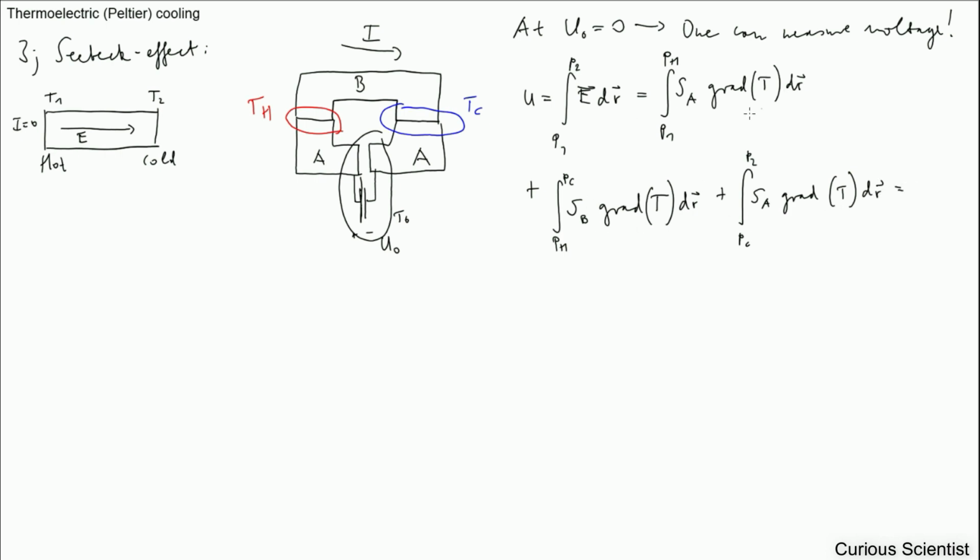We can just continue with these equations by expressing the gradient of the temperature. It's very simple. So first is SA, and we have T hot minus T0, so this gradient here.